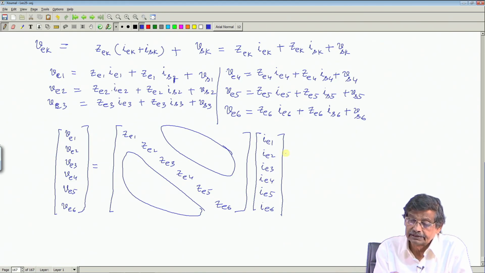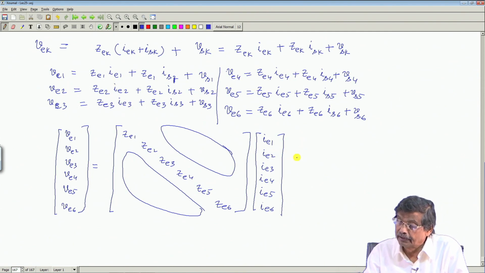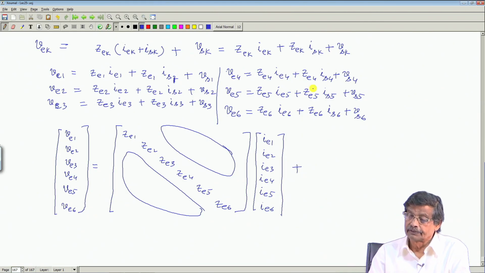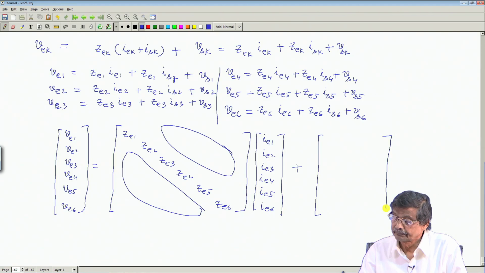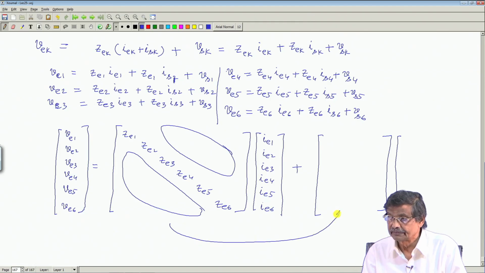So, this into IE, plus then you have the source terms. The same matrix comes in here, the diagonal ZE1 to ZE6.